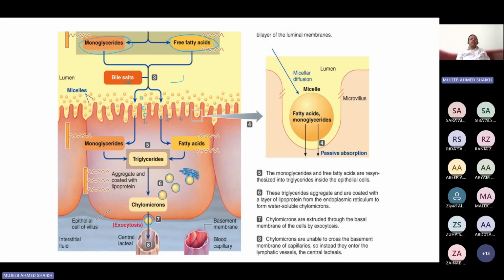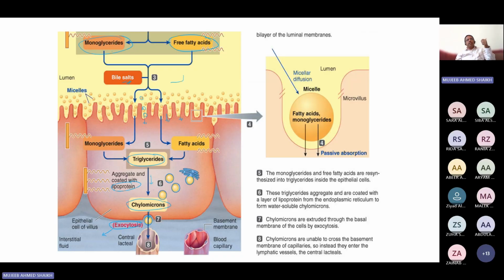Once they enter into the cell, they combine again, monoglyceride plus fatty acid, to form triglyceride. Triglyceride is coated with lipoprotein, which now becomes chylomicron. And this chylomicron will be extruded out into the space by the process called exocytosis.